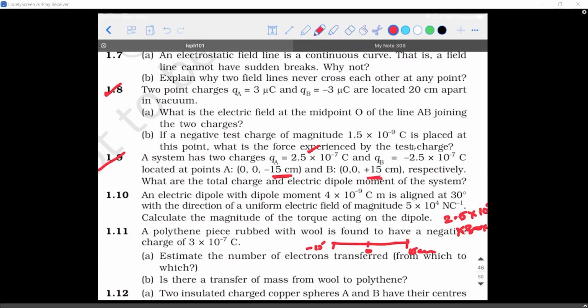Is it 0? Correct, 0, but you have to prove it.